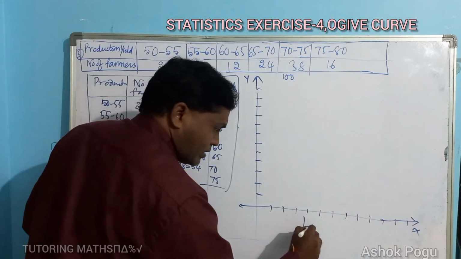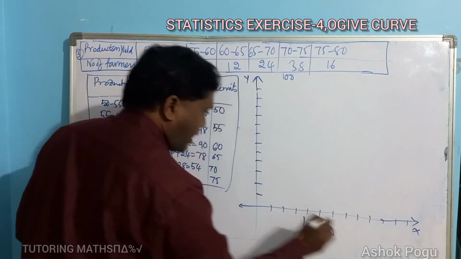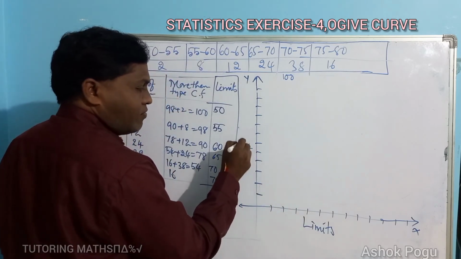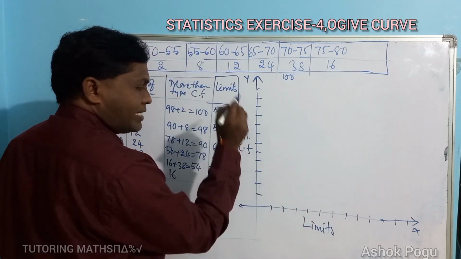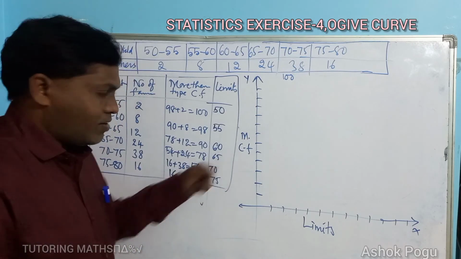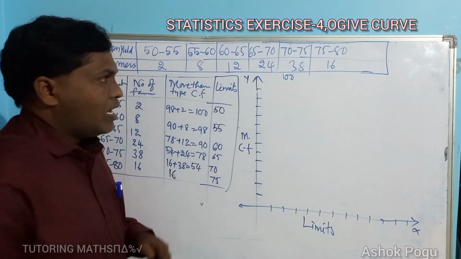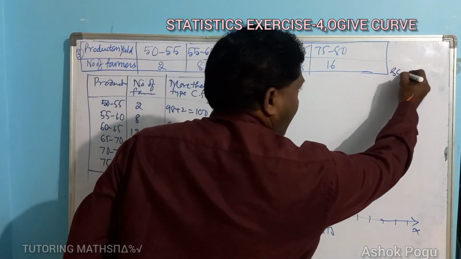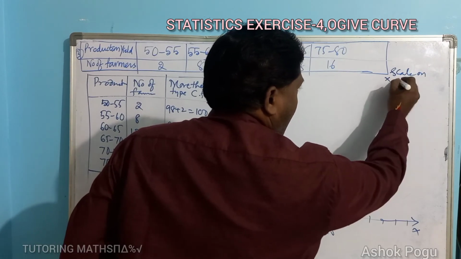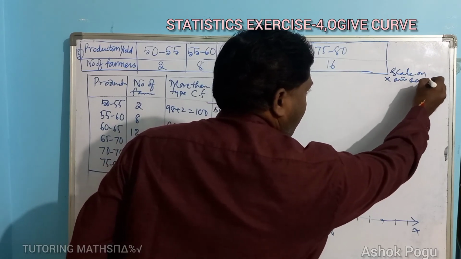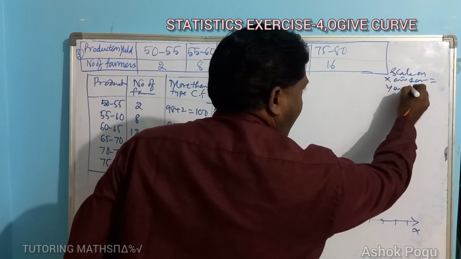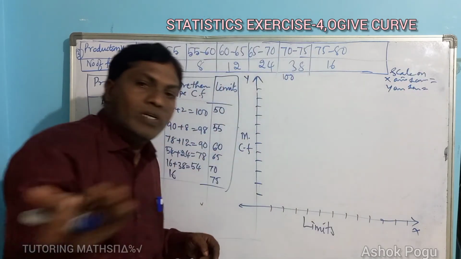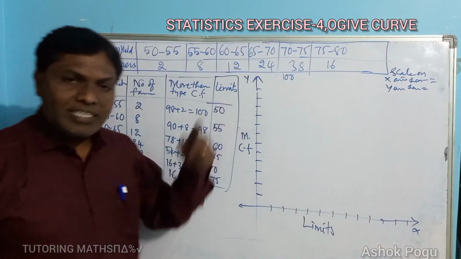This is limits, and this is cumulative frequency. Which type? More than type or greater than cumulative frequency. Scale on x axis 1 centimeter how much, and y axis 1 centimeter how many units have to be taken. So that is most important.